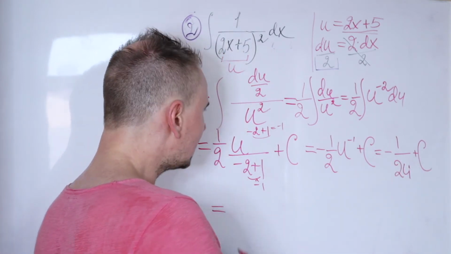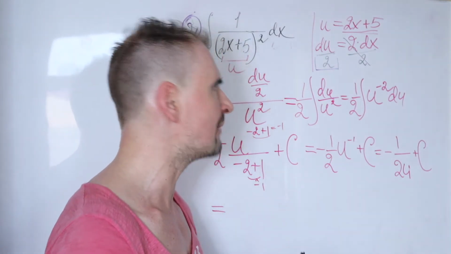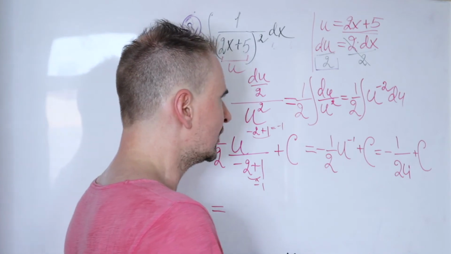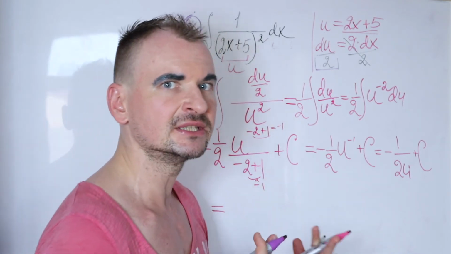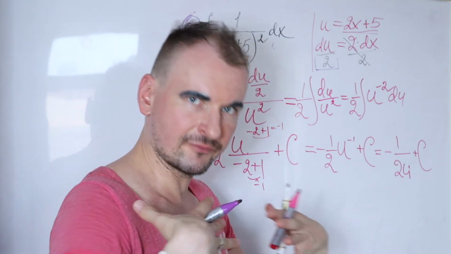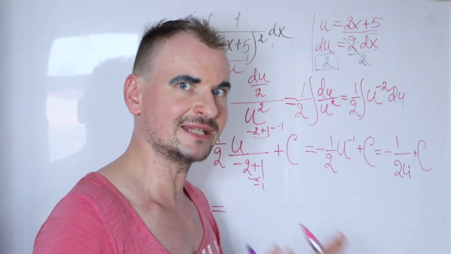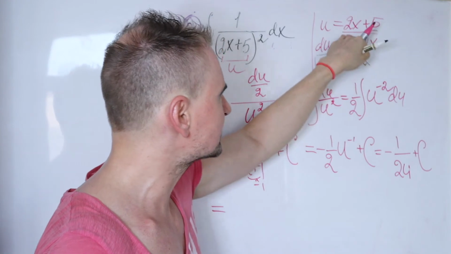And finally, hopefully the last step, when we back substitute. You don't want to leave your answer with the u, because u is a new variable, we used it, and now we don't need it anymore. We're going to get rid of this u and back substitute to x.